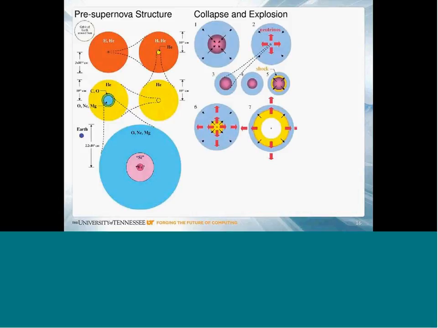So how does this happen? A massive star burns hydrogen and helium for most of its life, and it continues to burn carbon, oxygen, and magnesium, and then near the end it has an iron core with silicon and other element layers. After a while, because the iron core is so dense, the electron degeneracy principle can no longer hold, and you don't have any more nuclear reaction happening in the iron core.